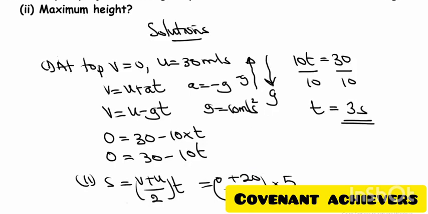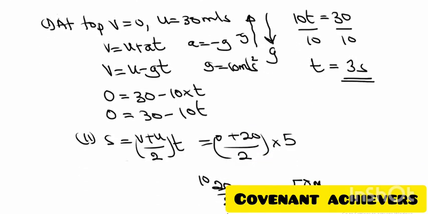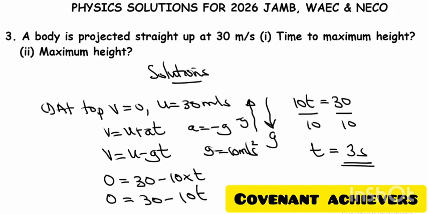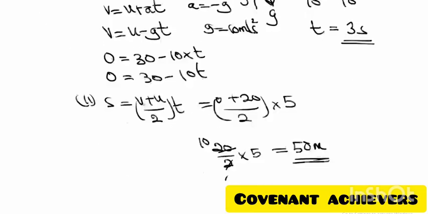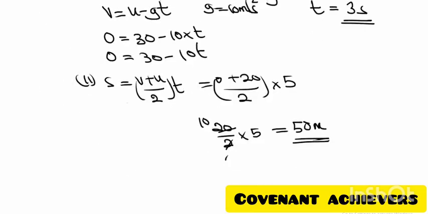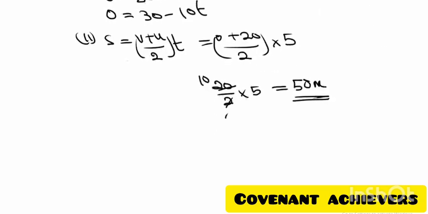Then the next thing we are asked to find is the maximum height. So how do you find the maximum height? In this case we have h equal to u square over 2g, and our u is 30.